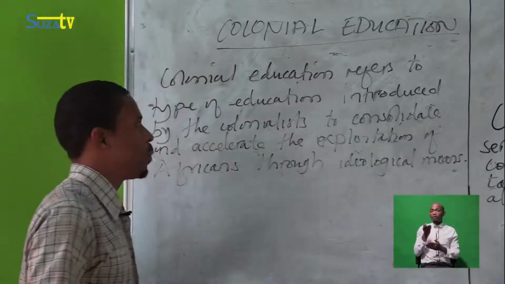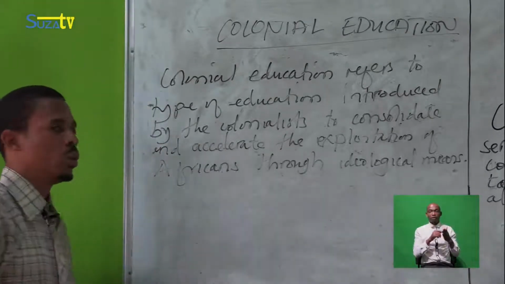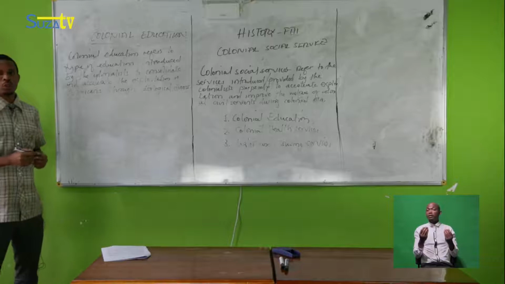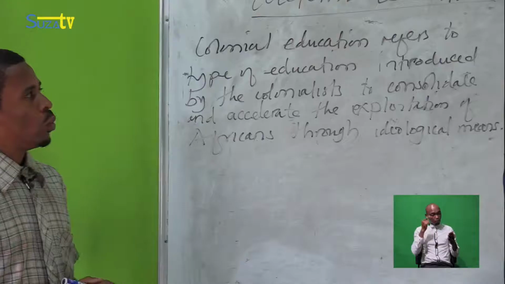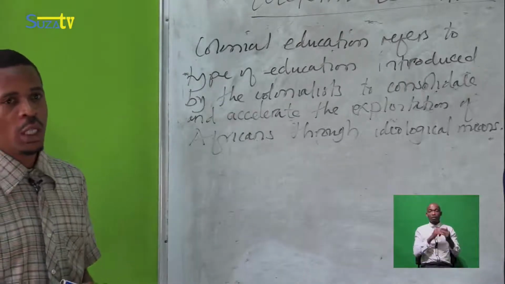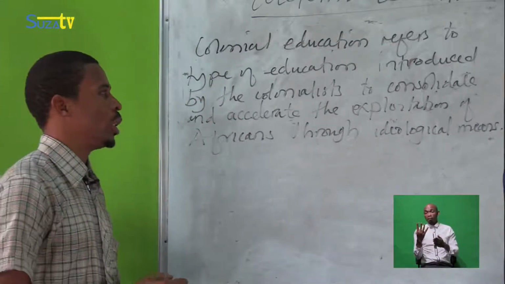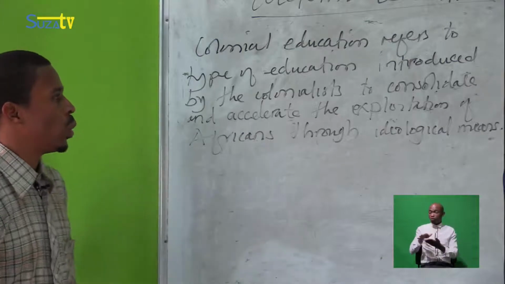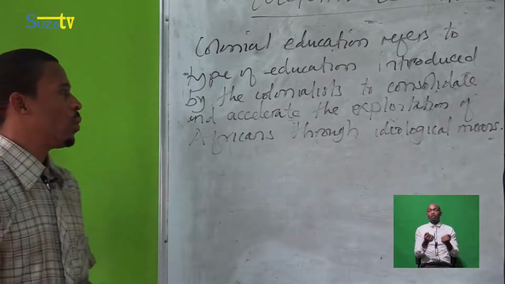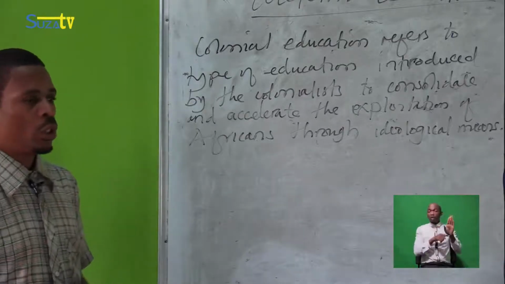So this is a simple definition of colonial education. When we are asked about its meaning, we can simply define it as the type of education introduced by the colonialists to consolidate and accelerate the exploitation of Africans through ideological means.